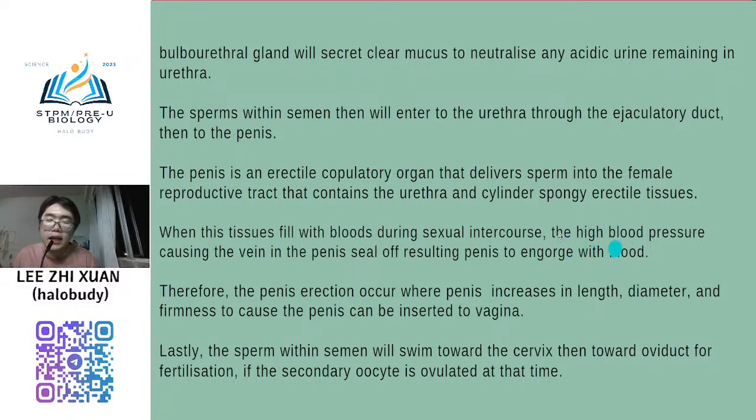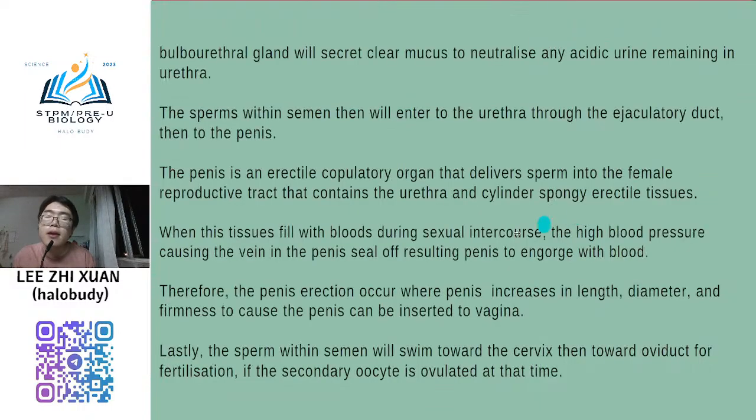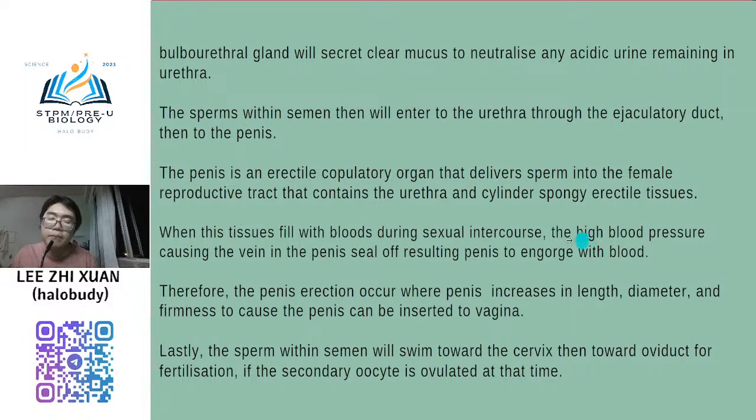That is why during sexual intercourse the male penis will be very red in color compared to when not having sexual intercourse. Why? Because all the blood will rush into the surrounding of the penis, containing a high amount of blood, and the pressure of the blood is also very high.